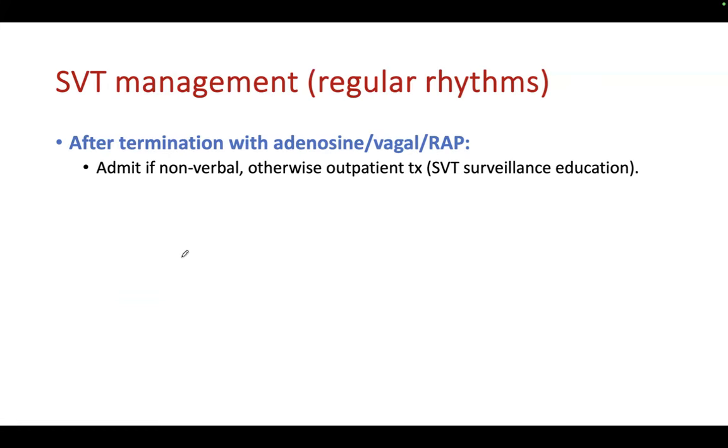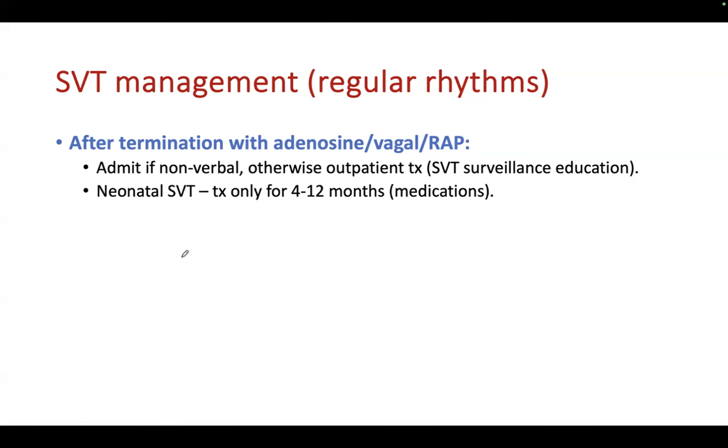But otherwise, if the patient is stable, verbal, notices the tachycardia at home, and knows how to communicate with the parents to let them know that he's tachycardic, then maybe outpatient management is okay. Okay, especially if you're using just beta blockers. Okay, and then you want to teach the family how to check for SVT recurrence at home.